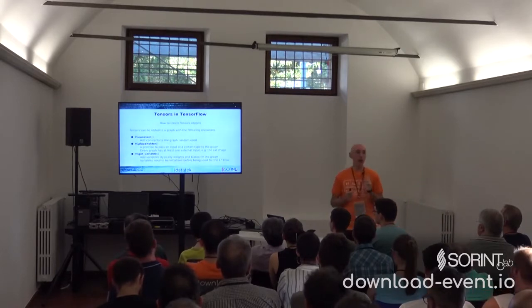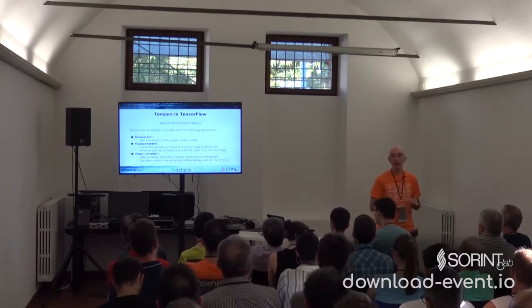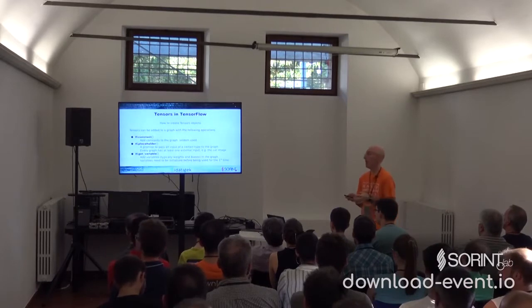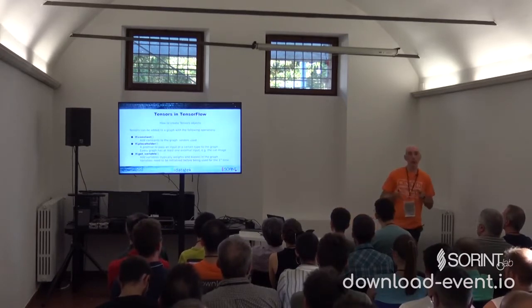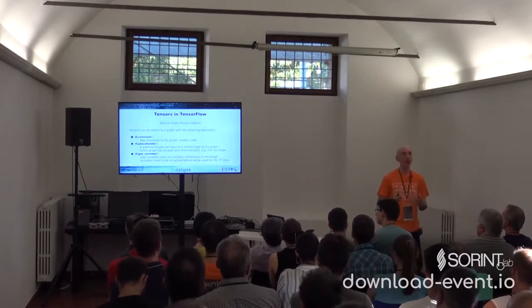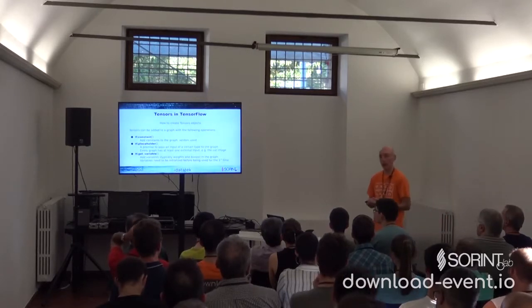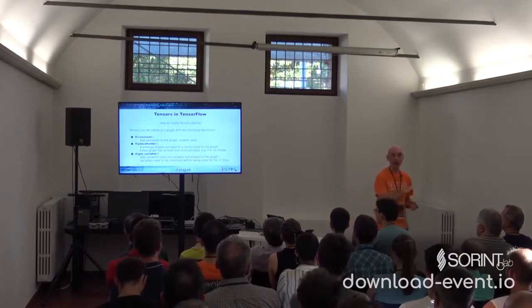A placeholder is a promise that I will pass to the graph a value, an input with a certain shape and a certain type. And another very important concept to remember is that we can include into the graph variables. The variables are typically the weights of the artificial neural network. These are the three calls that are used to do that.